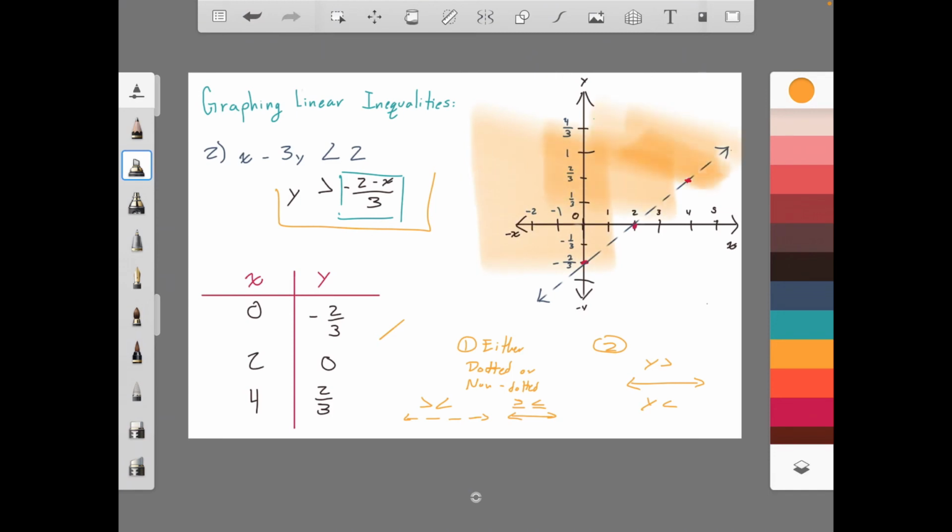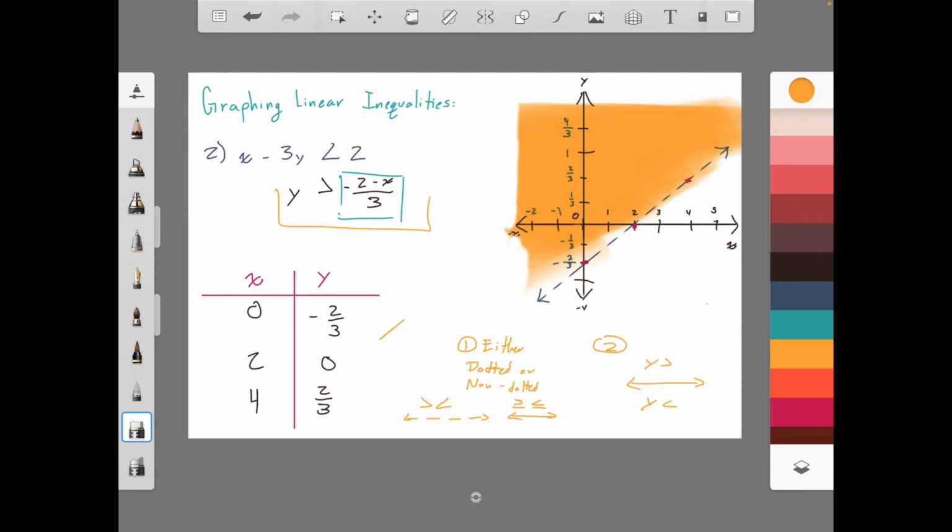Okay, wait, let me color it a bit better. Okay, that's a little bit better. Now I'm going to erase. This can only go until some point, let's say here. Okay, that is our right line.